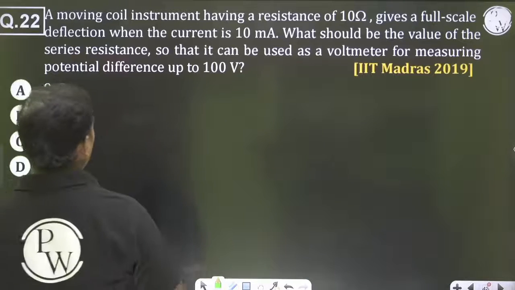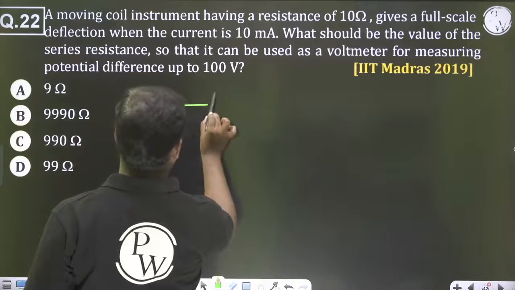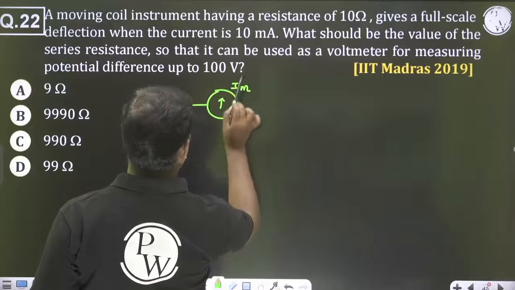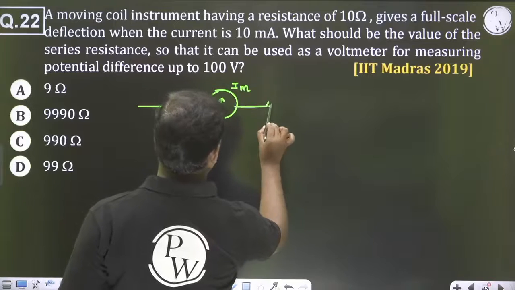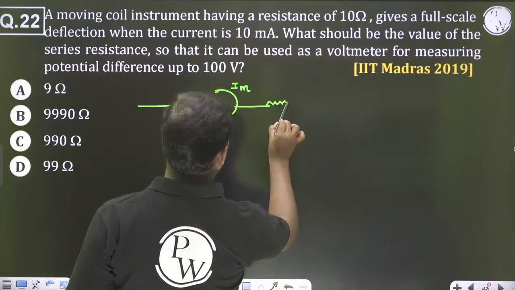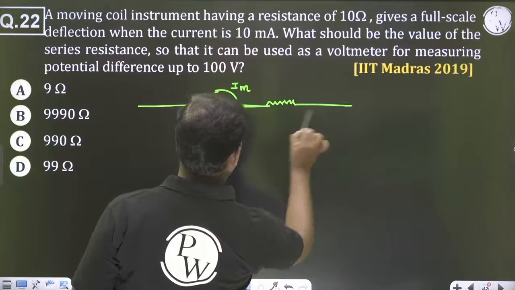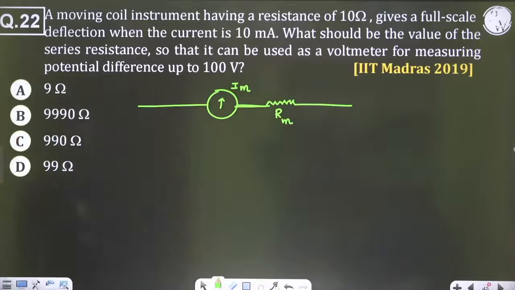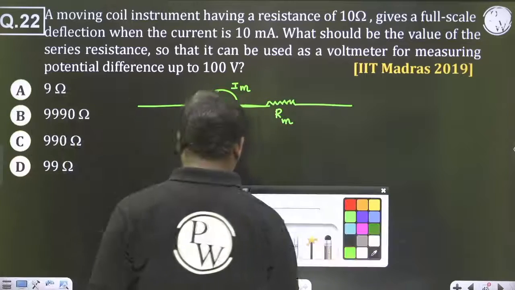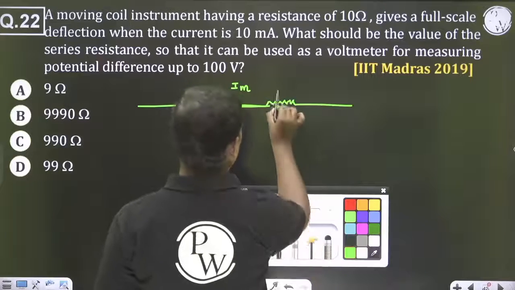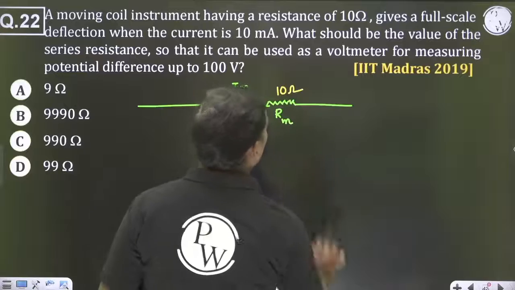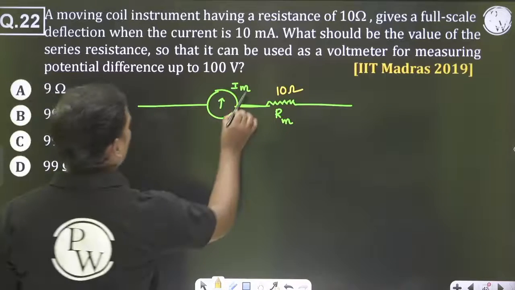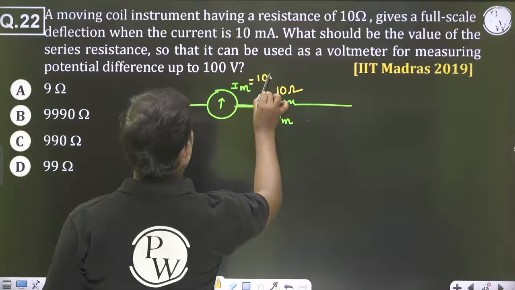See my dear, first of all, this is the diagram. It has a current Im and the internal resistance of Rm. A moving coil instrument having a resistance of 10 ohms gives a full scale deflection when the current is 10 milliamperes.